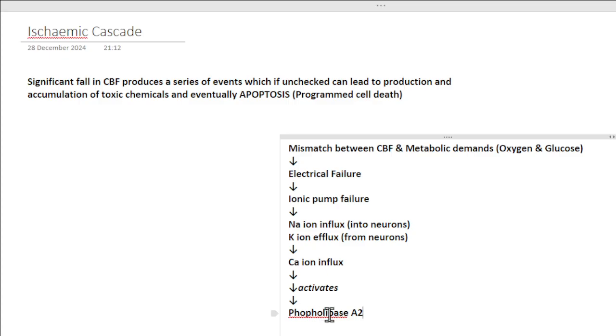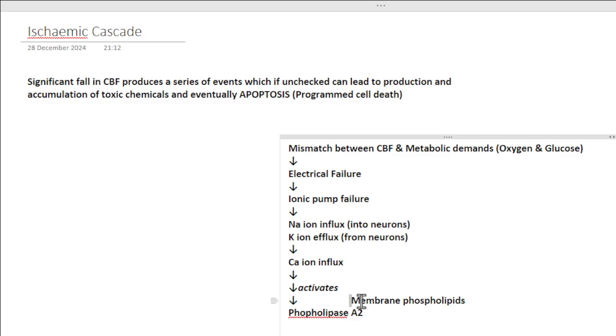If you ask me where it comes from, it actually comes from normal membrane phospholipids.